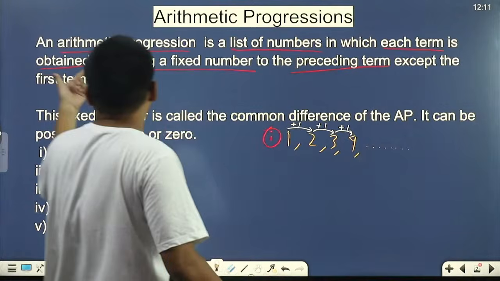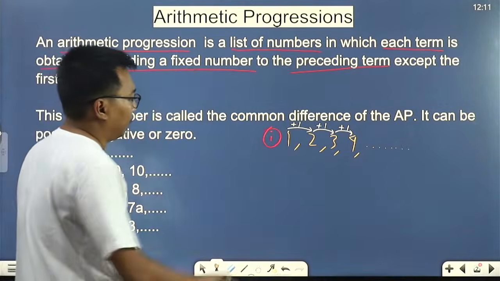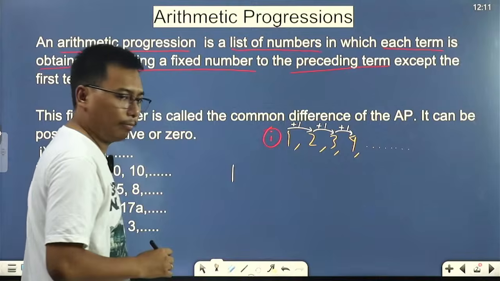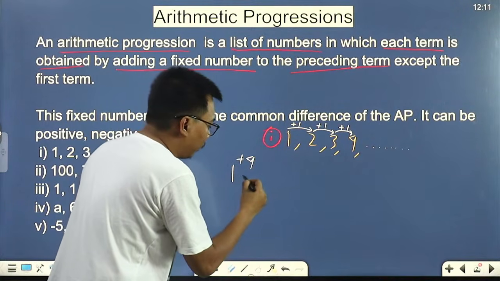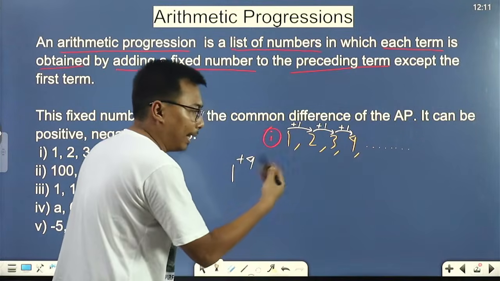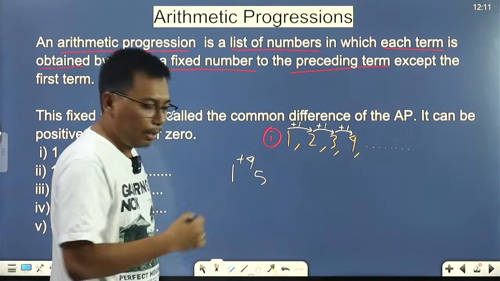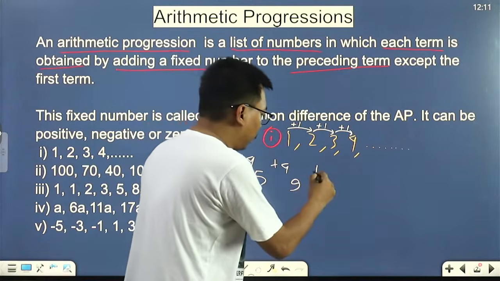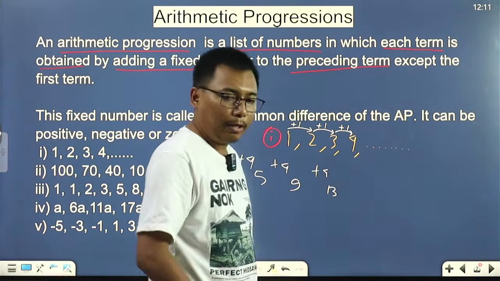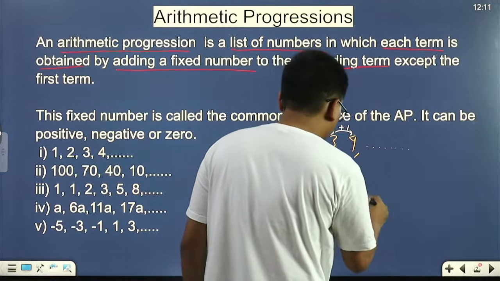So that's what this definition tells us: each term is obtained by adding a fixed number. Let's say I have a 1, and I add a fixed number, plus 4. What will be my next term? 5. If I add plus 4 again, I'll get 9. Again plus 4, I'll get 13. Again plus 4, I'll get 17, and so on.